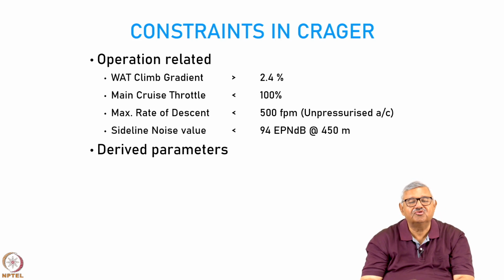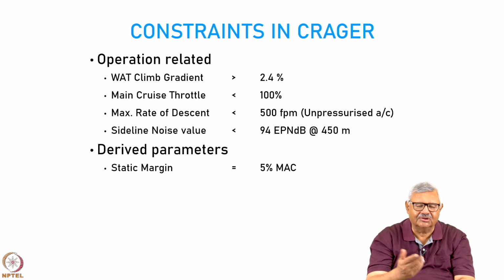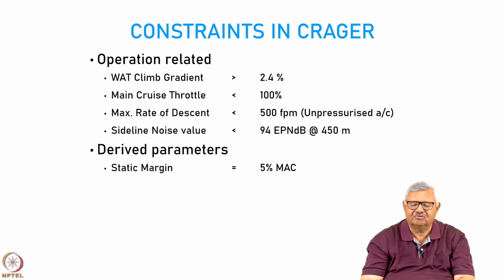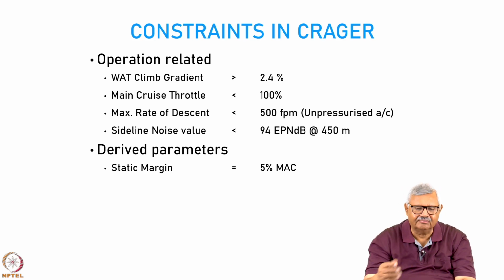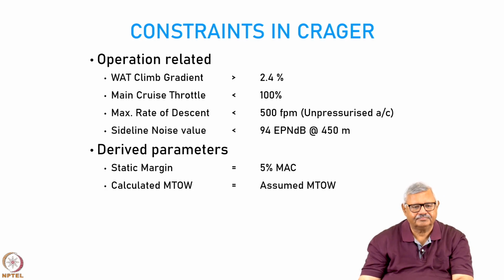Then there are some pseudo parameters or desired parameters, such as the static margin, which I would like to be 5% of MAC. Now, one can argue, somebody might say that no, this should be 10%, some might say it should be 8%, 15%, it is up to you. In one of the case studies, I put it at 5% of MAC, you can change this number.